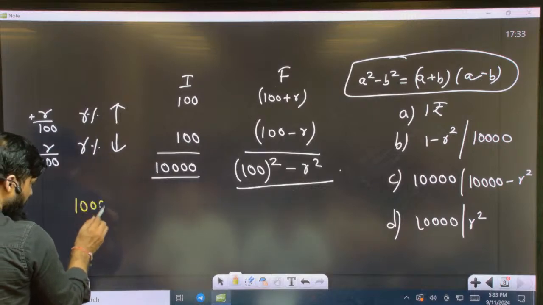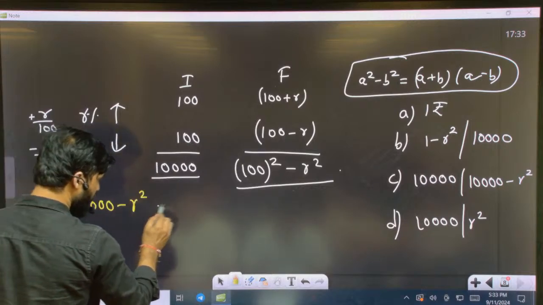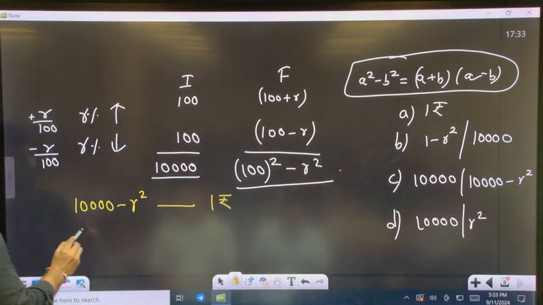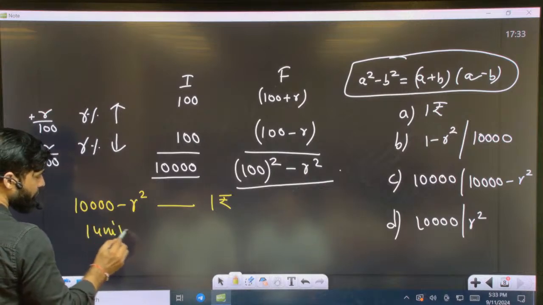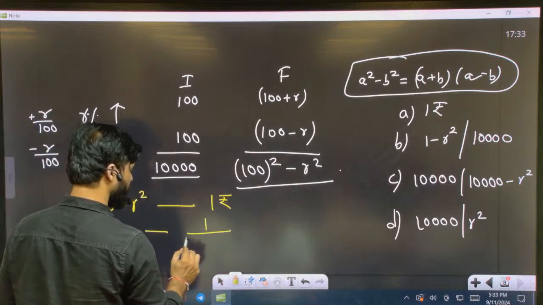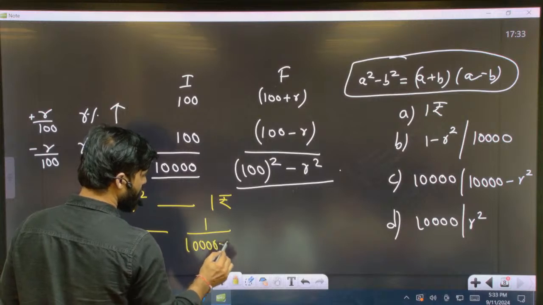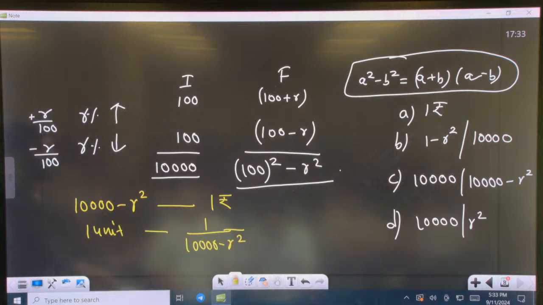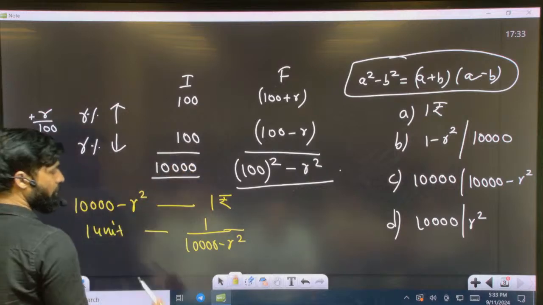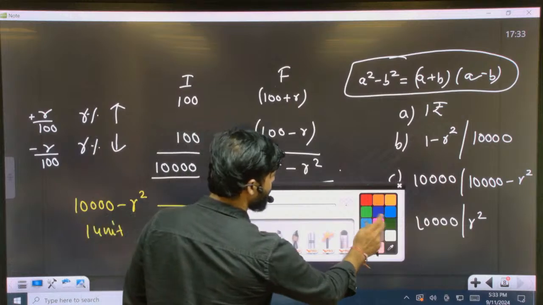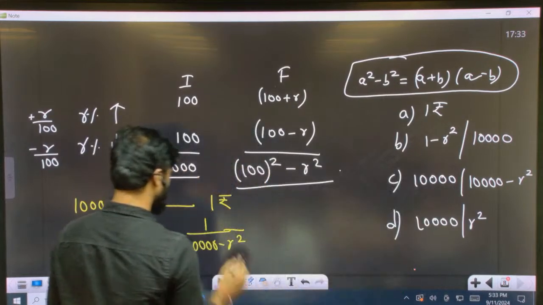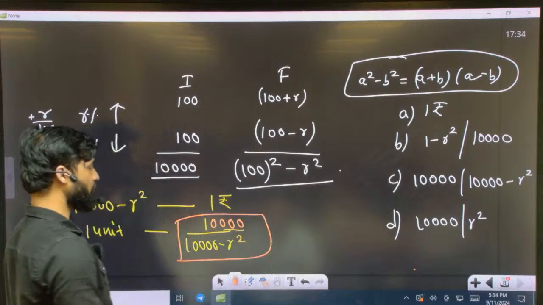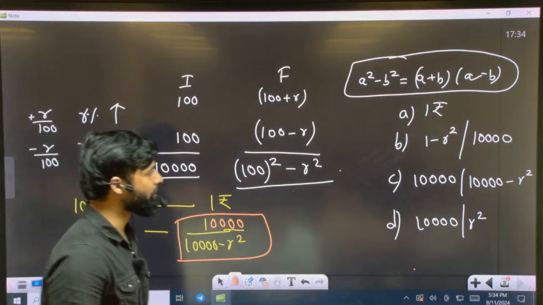That 10,000 minus R square equals 1 rupee. Value of 1 unit equals 1 upon 10,000 minus R square. For original price, we have to multiply it by how many units? 10,000. So multiply it by 10,000. It will give us 10,000 upon 10,000 minus R square.